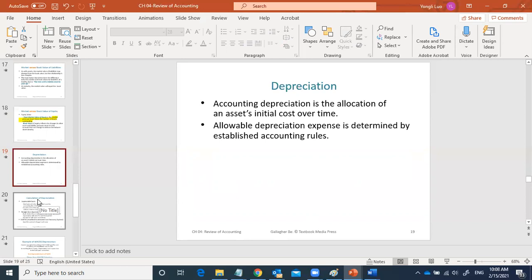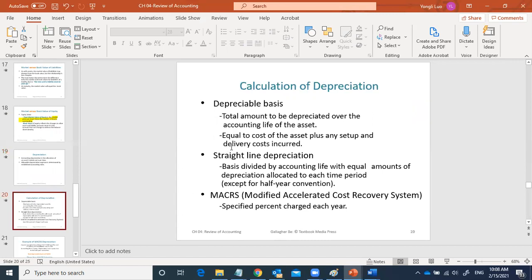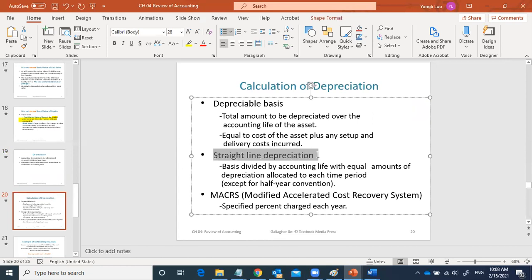Accounting depreciation is the allocation of an asset's initial cost over time. That's allowable depreciation expense as determined by established accounting rules. We have different ways to calculate depreciation, and one of them is called straight line depreciation.